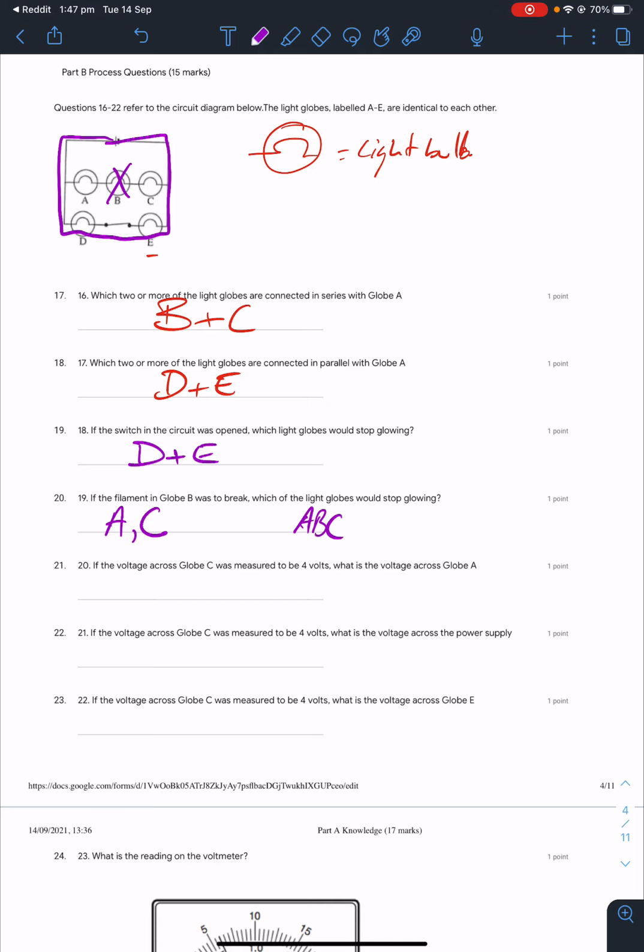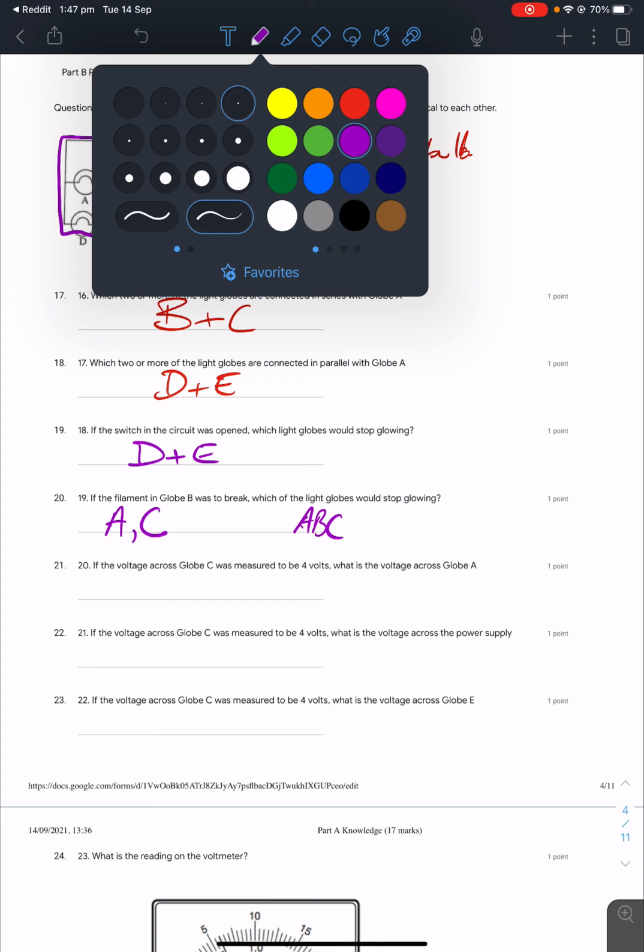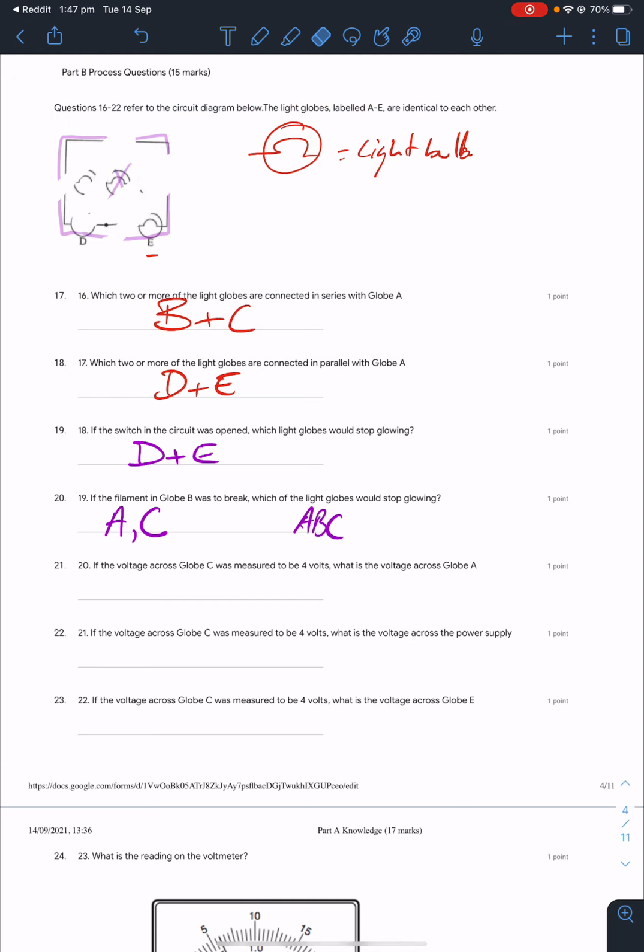Okay, question 20. The voltage across globe C was measured at 4 volts. Let me just erase my scribble. Okay, so globe C, 4 volts. I'm going to write it above it. Okay, what is the voltage across globe A? So remember, in parallel circuits, the voltage will go down however many paths, okay? So the voltage is conserved for each path, okay?